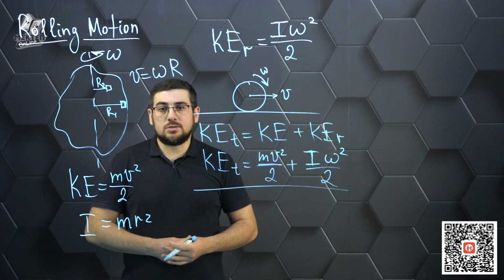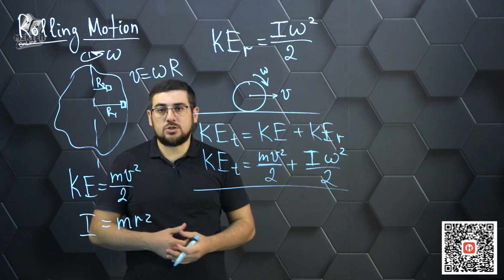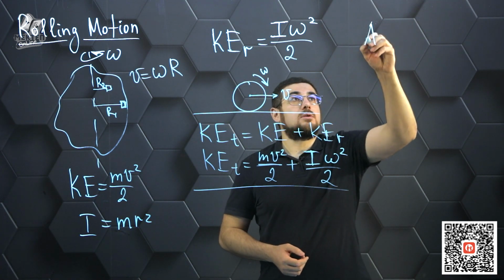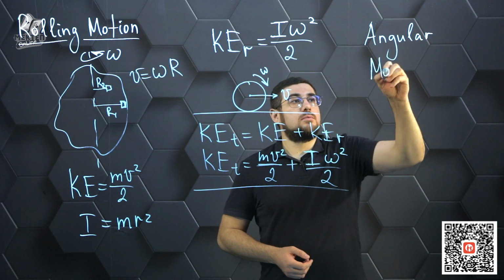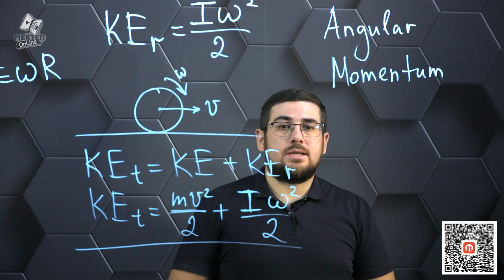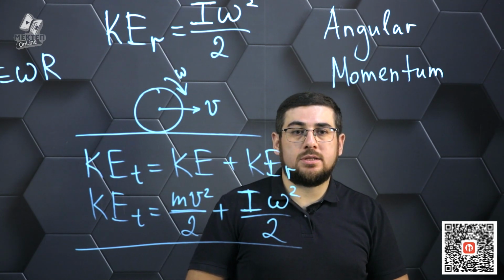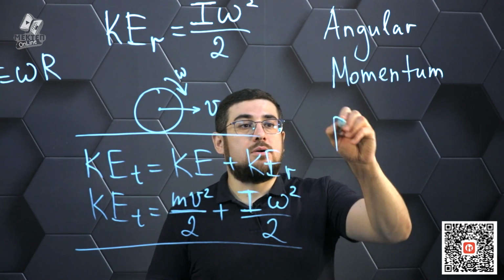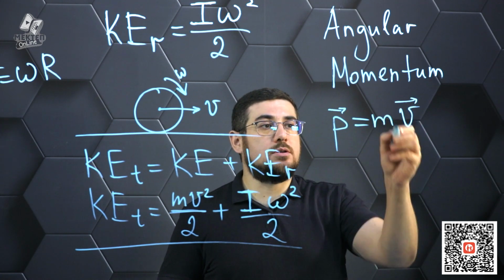Now, one more parameter that we will definitely use in the description of rotational motion is the angular momentum. I will remind you that we have previously met the parameter of momentum, a quantity introduced in the mechanics of translational motion, which we know as the product of the mass of a body and its velocity.